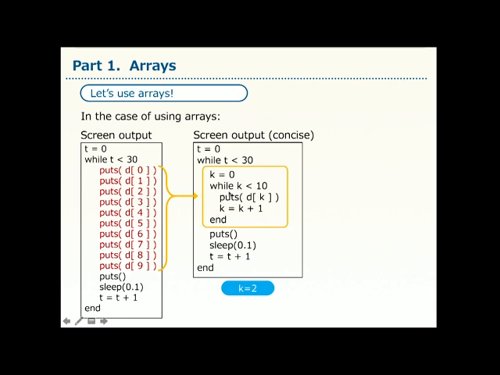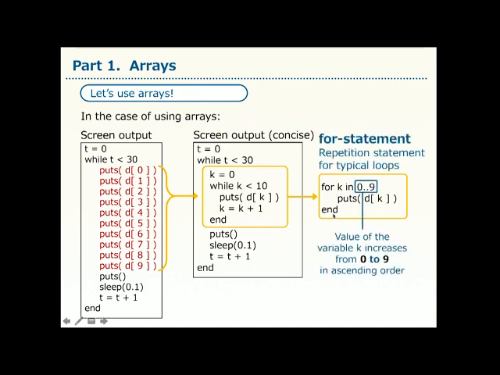This loop using a while statement can be written more simply like this. This is a new way of writing a loop called the for statement. This for statement is convenient for expressing somewhat standard repetitions. For example, by writing it this way, we can express a command to repeat this while moving k from 0 to 9.